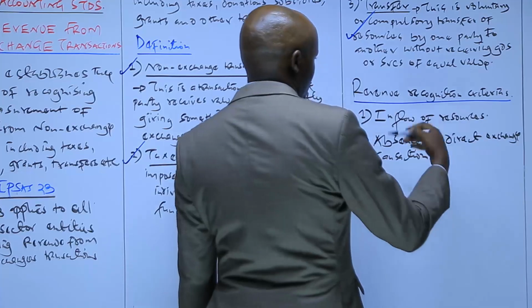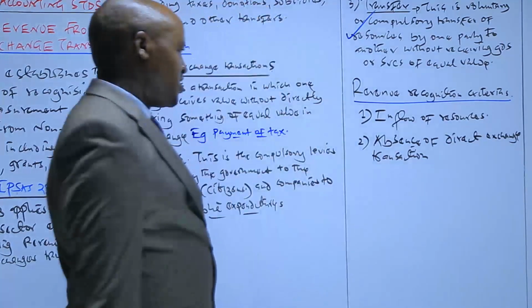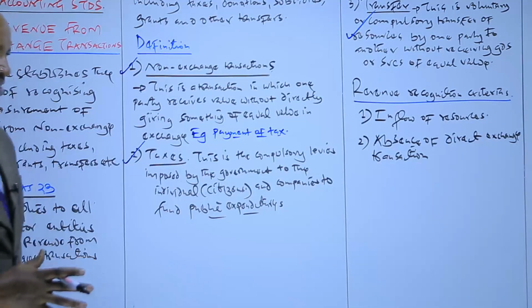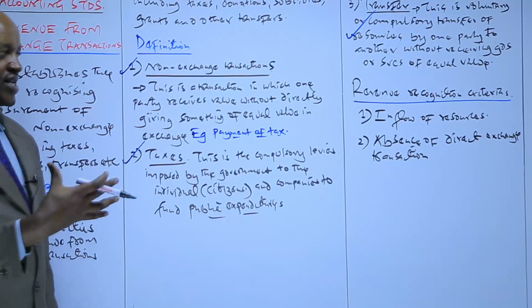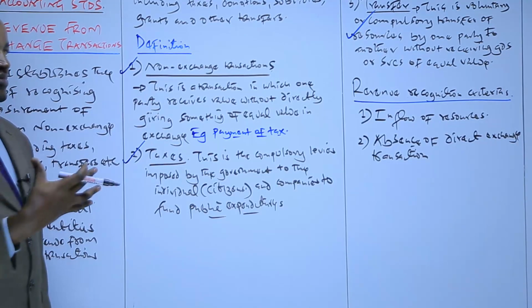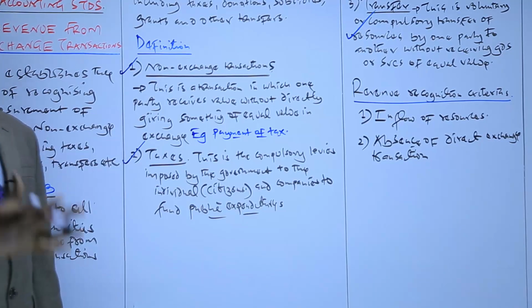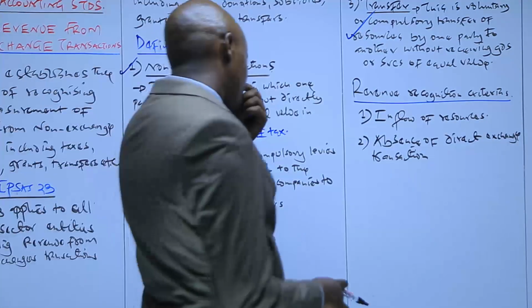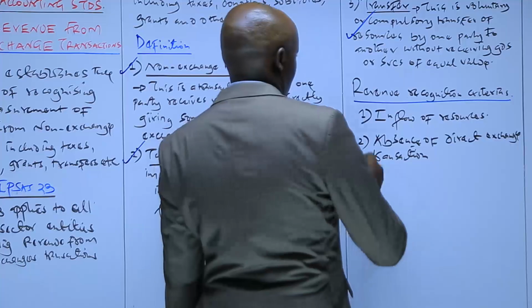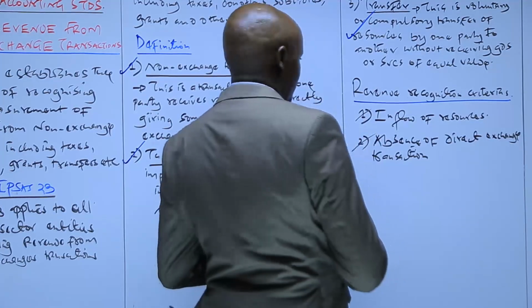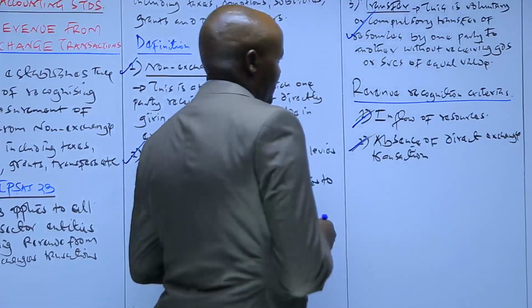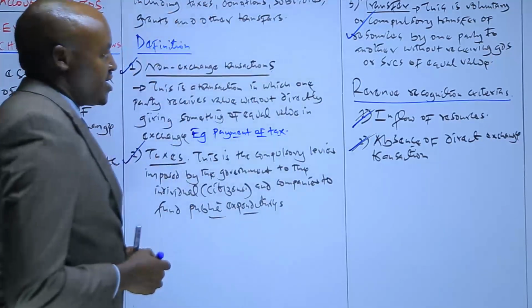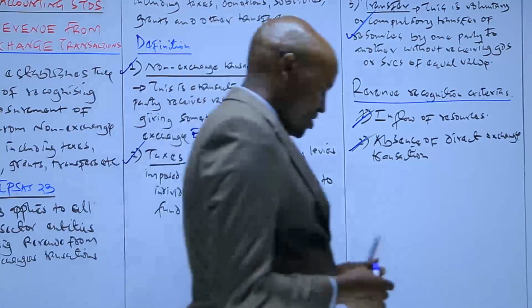So basically, when we talk about absence of direct exchange transaction, it means that the public sector entity is just receiving resources, just receiving money, but it is not expected to provide some services or transfer some goods in exchange for the cash or resources which have been received. So those are the two criteria which must be met for revenue from non-exchange transactions to be recognized.